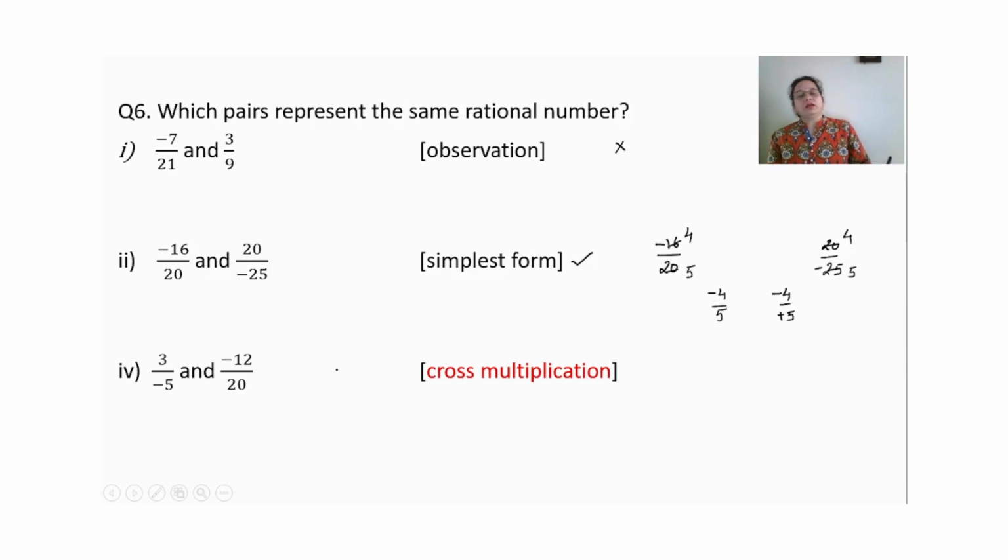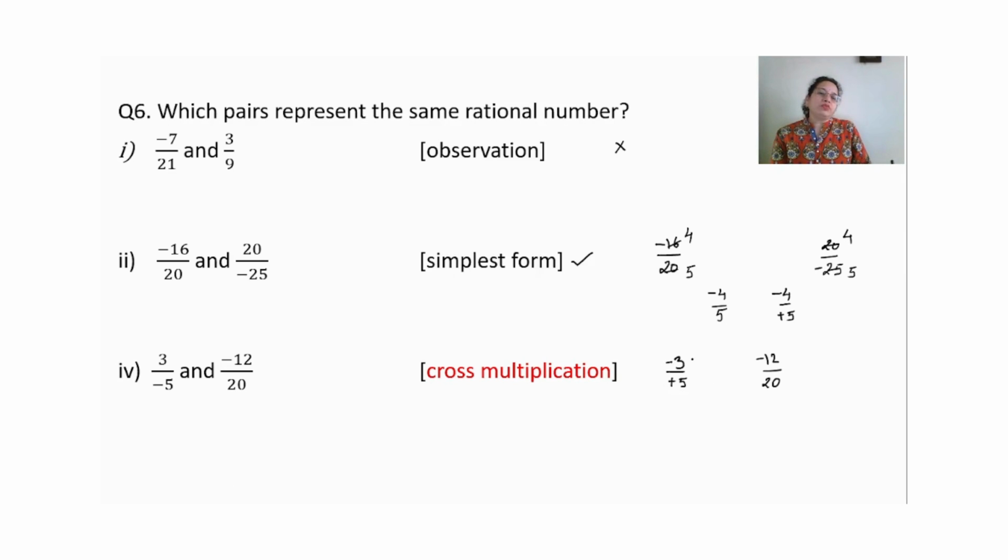Now take one more method: by the cross multiplication method also you can find out. So here the numbers are 3 upon minus 5 and minus 12 upon 20. The first step over here is to write them in standard form. So this will become plus and this will become minus.